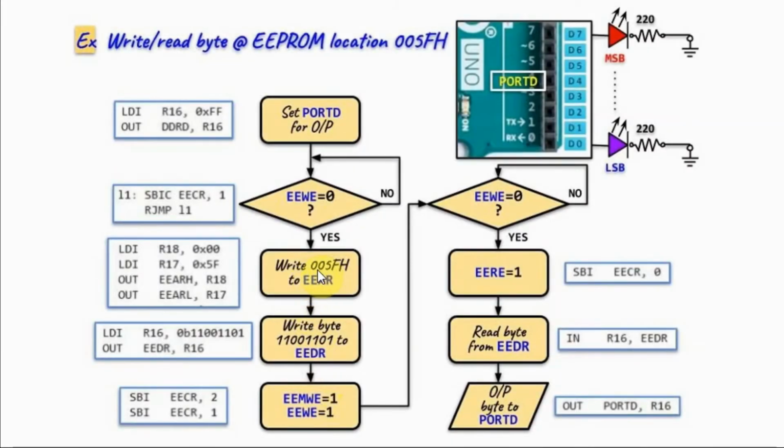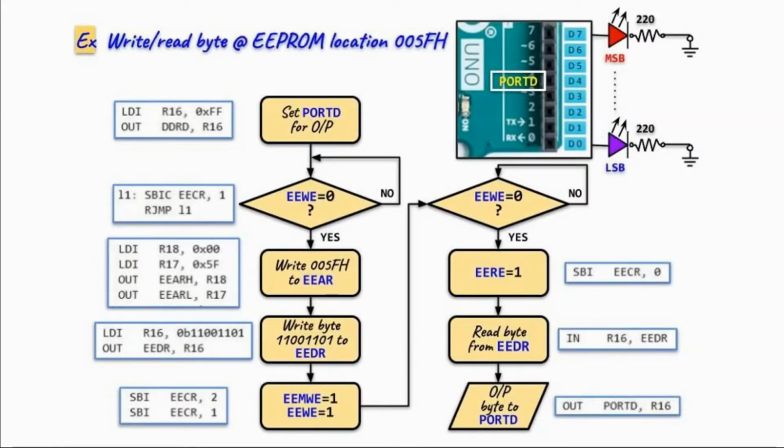And once this bit is 0, then we can move to the next instruction. Next we write the 16-bit address 005F to the address register by writing the high byte of the address to EEPROM address register high and the low byte to the low register. Next we write the data byte to the data register, and then we enable the EE master write enable and the EE write enable in order to start the write process.